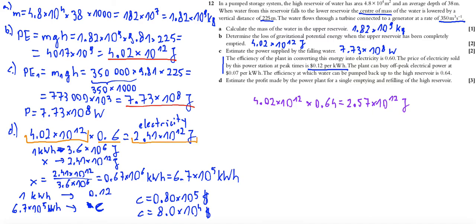But here we have to pump up with efficiency of 0.64 the same amount of water. So now let's look. We need more energy to pump it up. So let's look. We have 0.64 efficiency of the system.